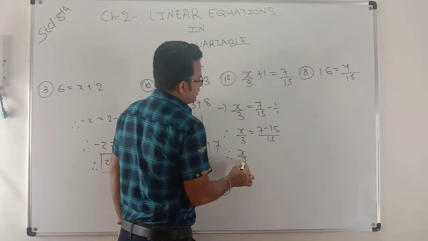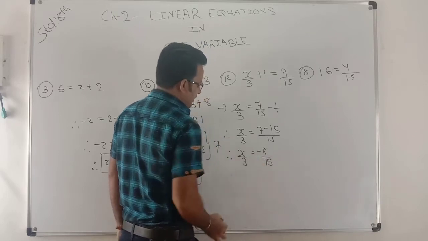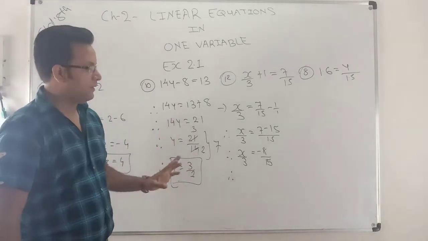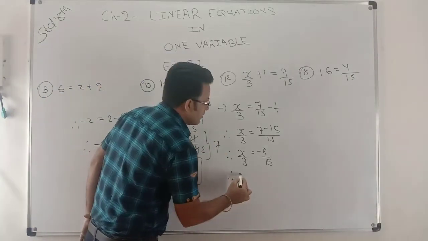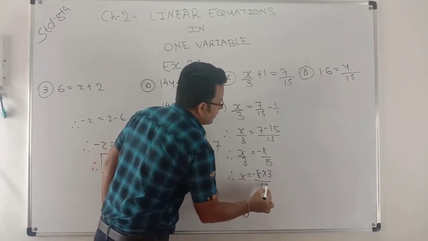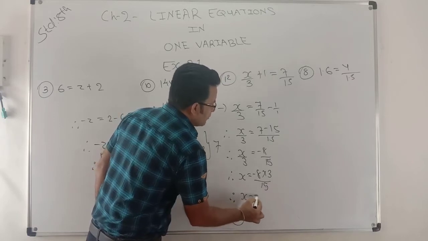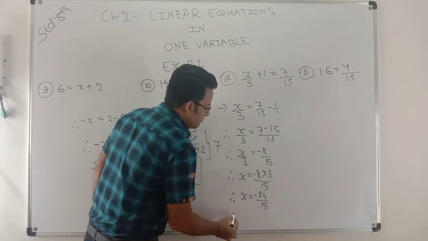Therefore, x upon 3 is equal to minus 8 upon 15. And therefore, you need your value of x, okay? Division changes to multiplication. X is equal to minus 8 into 3 upon 15. So, therefore, x is equal to minus 24 upon 15.